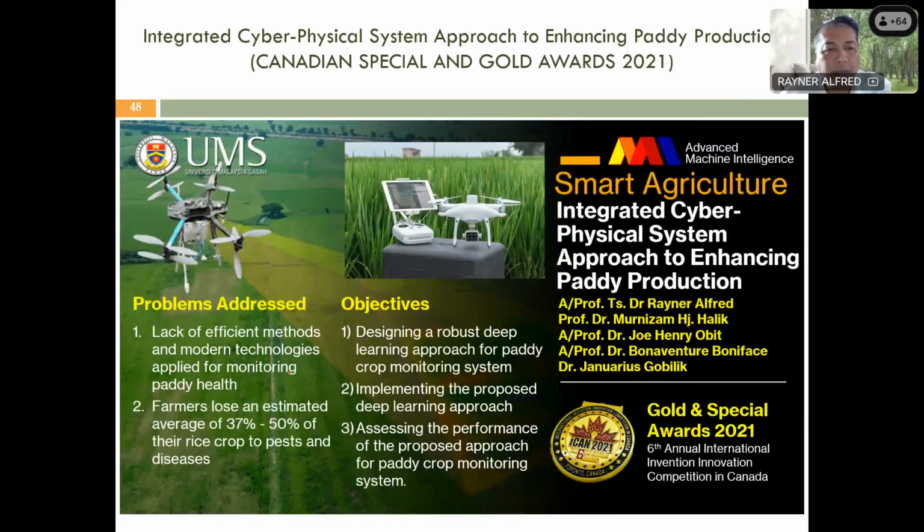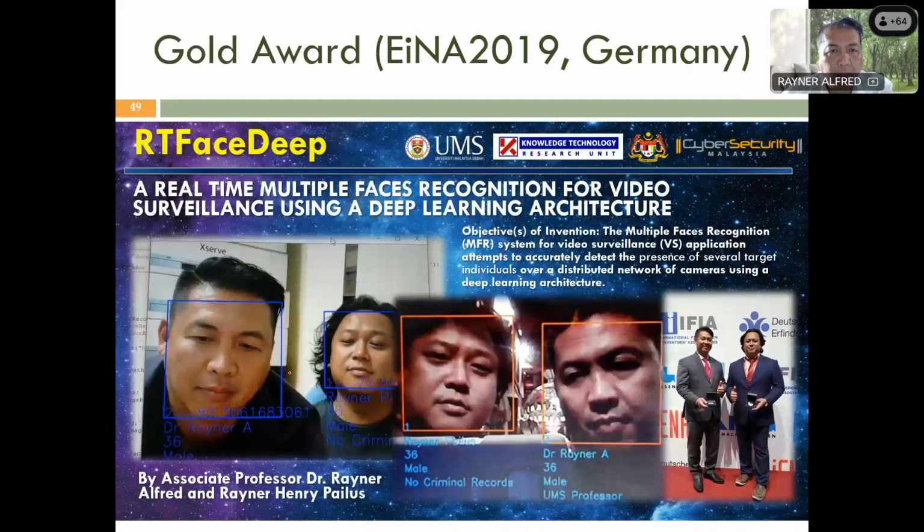Based on the vegetation index that we extract from the image, we can focus on those areas which are not producing healthy paddy. And this one is with Dr. Renner. I think you met him before. He was my student, now become a faculty member.